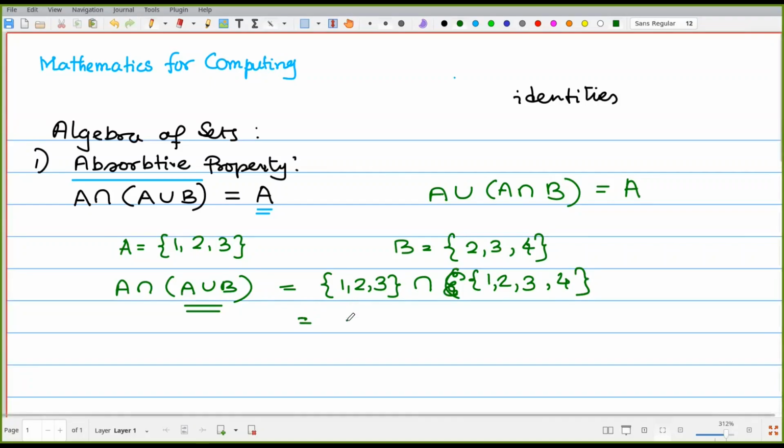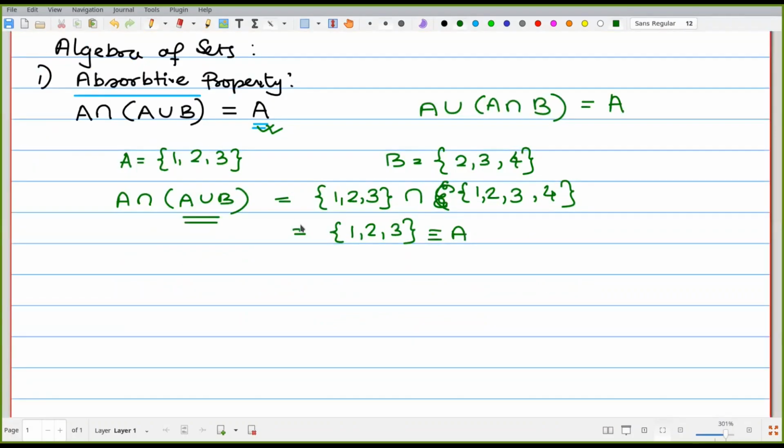After the intersection with A, we get only {1, 2, 3}. So that is also our A. That means whatever B was has been absorbed. That's why it is called the absorptive property. That is the first one, algebra of sets.